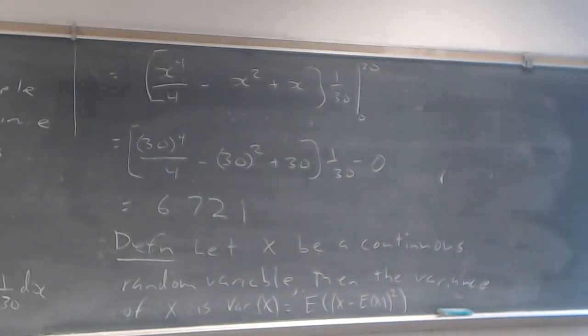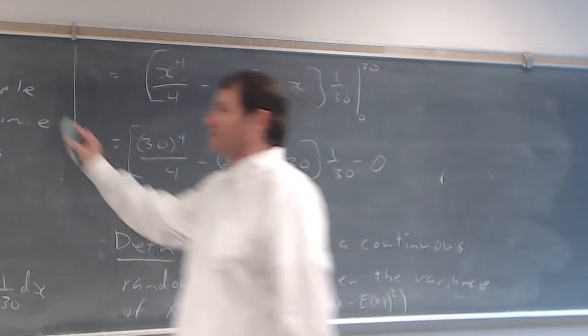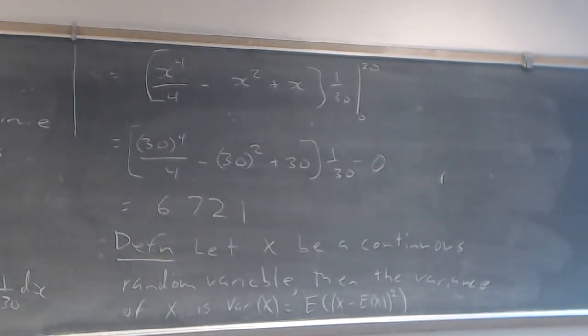So that's exactly the way we define it for a discrete random variable. And we had a fact that helped us calculate the variances, and that same fact is going to apply for continuous random variables as it did for discrete random variables.